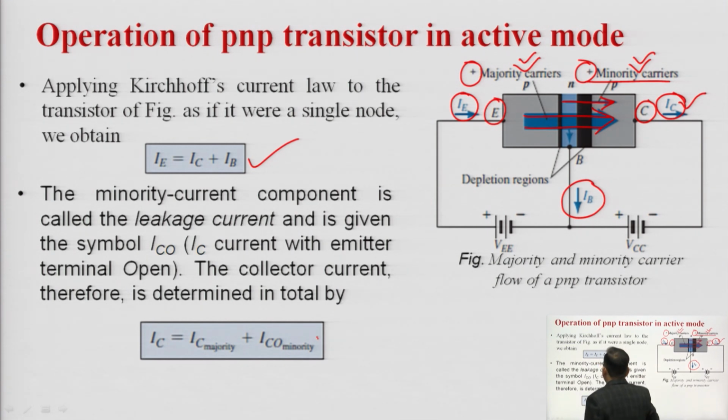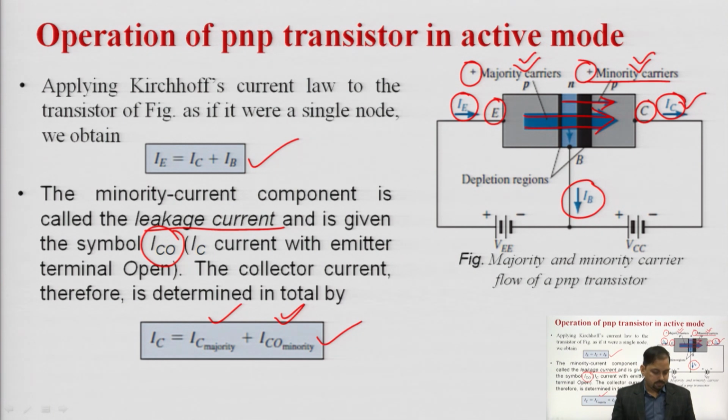So it is represented by IC majority and ICO, which is sometimes referred to as the minority carrier current or the leakage current. So IC equals IC majority plus IC minority. This relationship will definitely be helpful when we see the operation of the common emitter configuration.